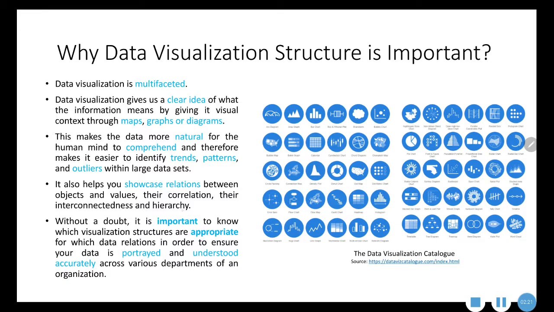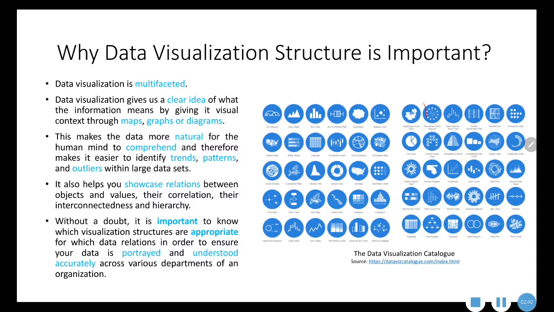There is a variety of data visualization structures and examples of diagrams that you can apply when you want to showcase your data.